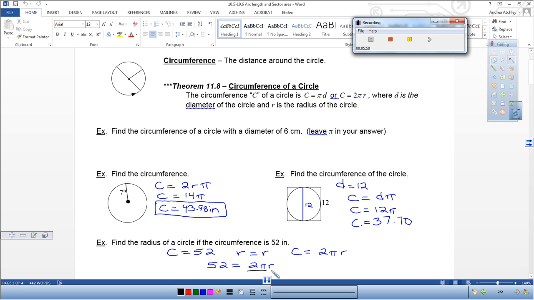Okay, we're going to divide both sides by 2. So that's going to give me 26 equals pi times the radius. So I'm going to divide both sides by pi.